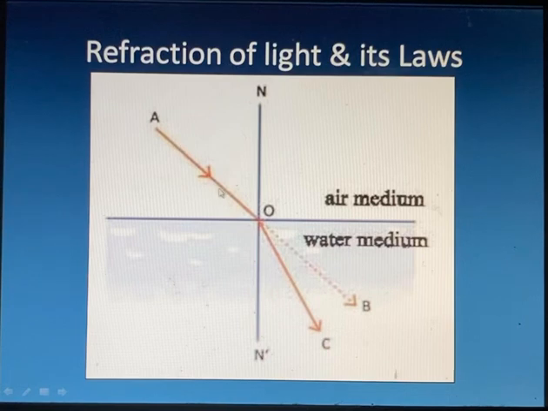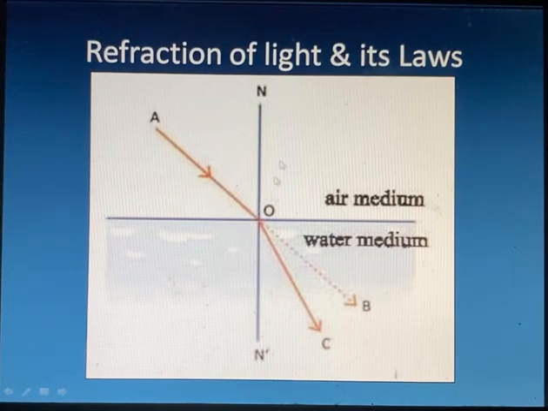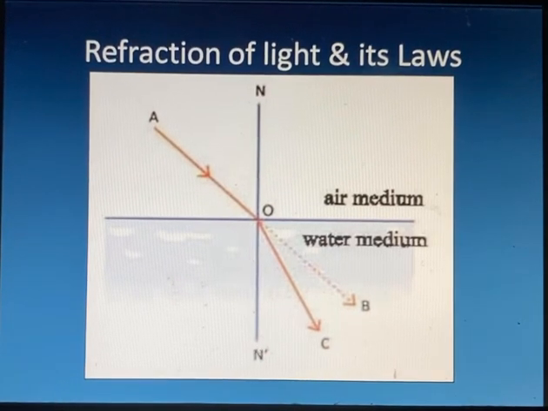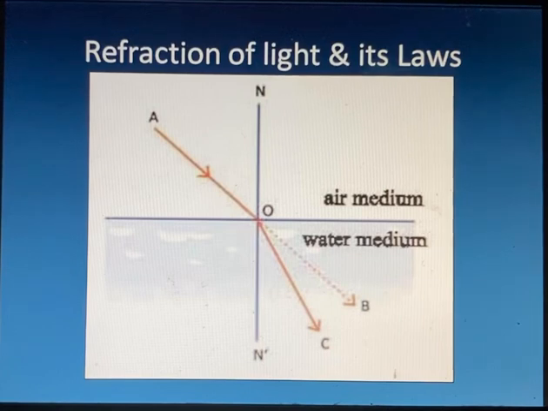When the light rays are entering the water medium, it changes its direction. Instead of going straight way OB, it's changing its direction to OC. But in case of the straight light rays, no change of the direction occurs for this light rays.